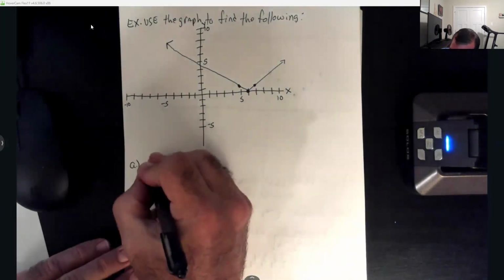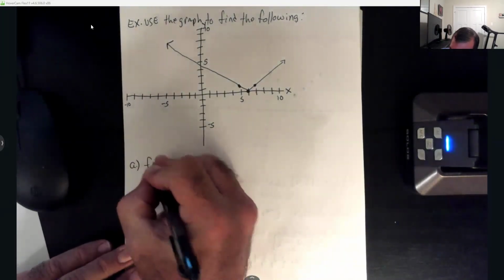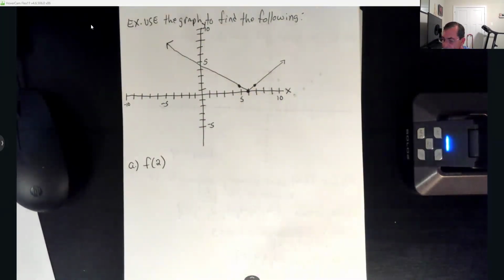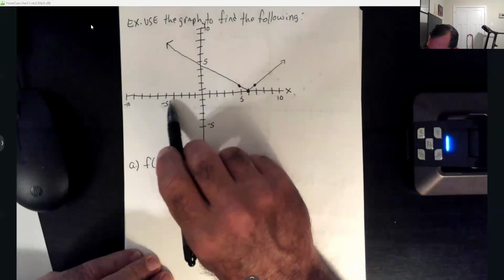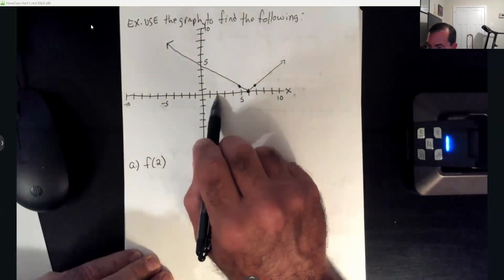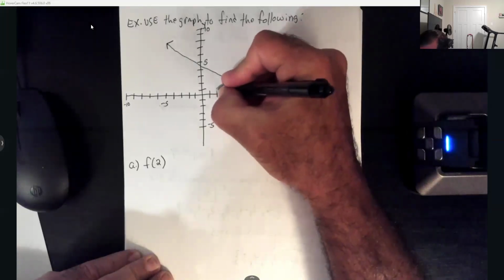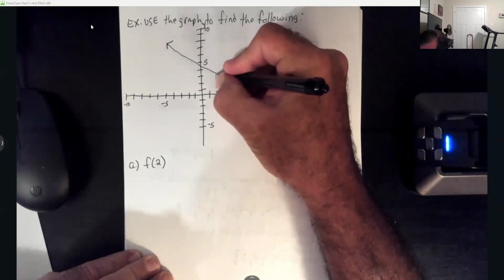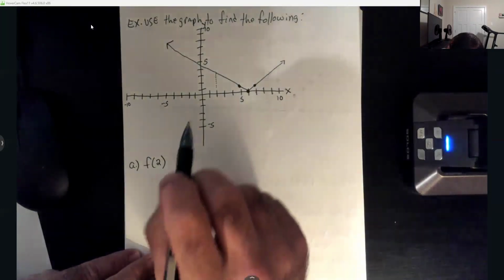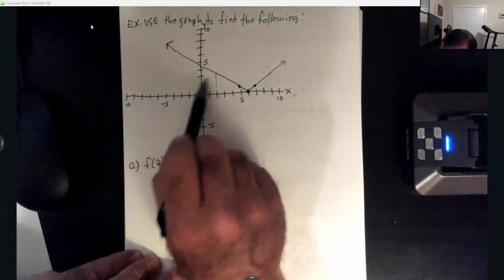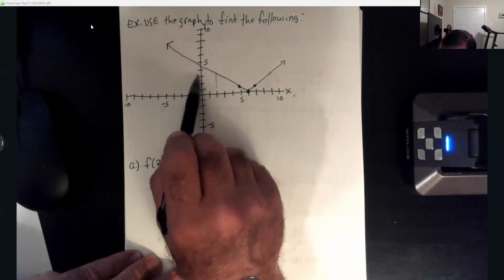So first of all, they want us to find f of 2. So we're going to go to the x-axis at 2 right here, and we're going to go straight up. If mine was drawn a little bit better here, it should be at this 3 here.